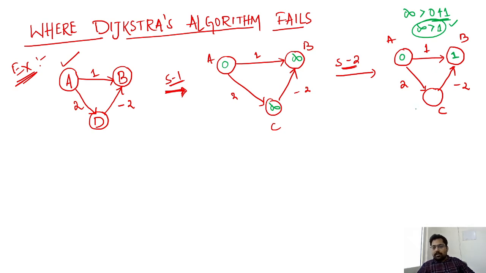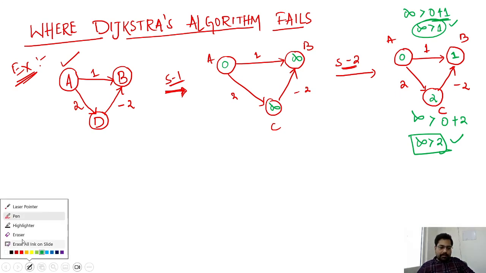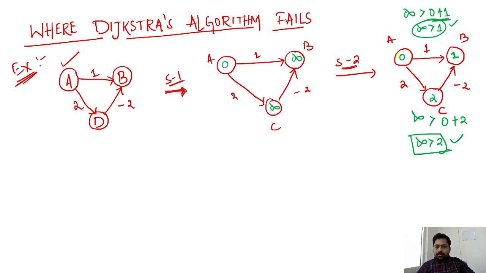Clear? Here also in this case, infinity is greater than 0 plus 2, the edge weight. So infinity is greater than 2, so this is okay. Definitely you can put the value as 2. Now since it is relaxed, I must highlight it, and I say this highlight is said to be relaxed.